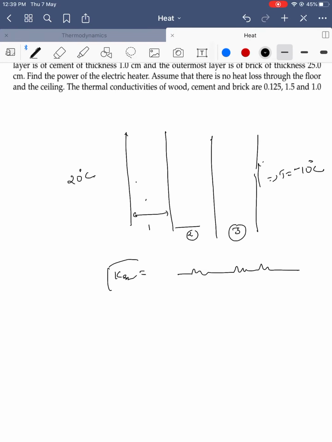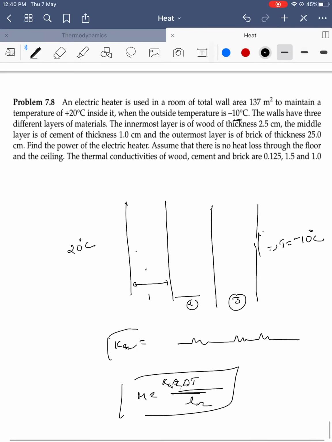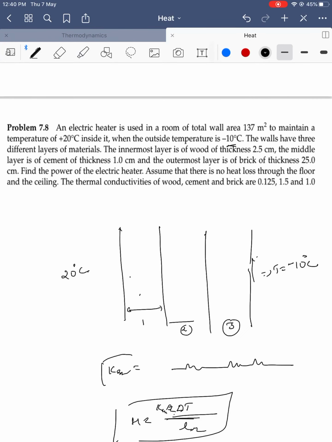So after calculating K equivalent, H is equal to K equivalent A into delta T by L, with total length L equivalent and A equivalent. Substitute the values. A equivalent is nothing but the average of the areas. After getting that, you will get H, which is nothing but the power required.